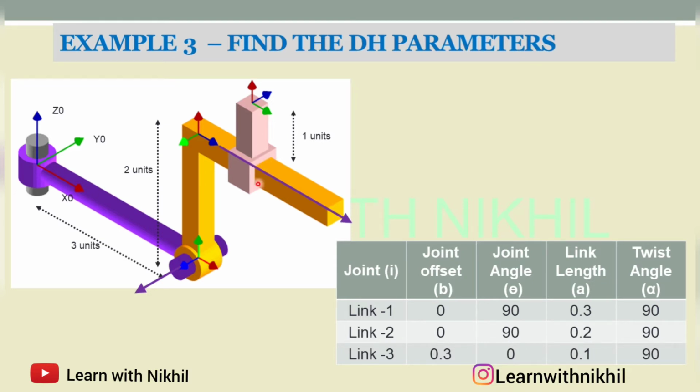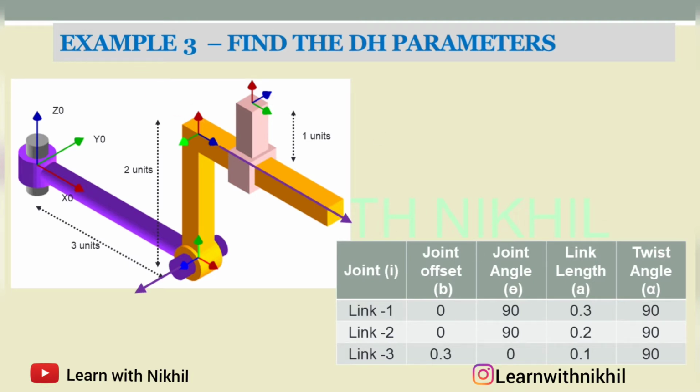In a prismatic joint, the joint angle is always 0 as there is no rotation. Next is the link length. This is the height of the link, that is 0.1 units. And finally the twist angle, that is 90 degrees again. As this z-axis is not parallel to this z-axis, the twist angle is 90 degrees.